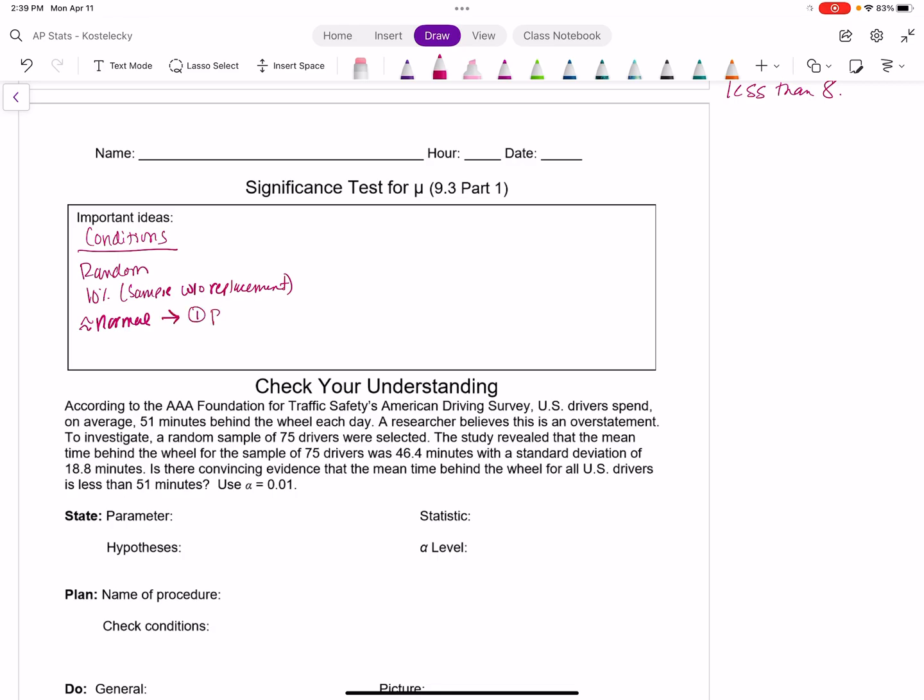Number 1, either we're given the population is normal, approximately normal, or our sample size is greater than or equal to 30 by the central limit theorem, or our graph of our sample shows no strong skew or outliers. Okay, so those are our conditions.